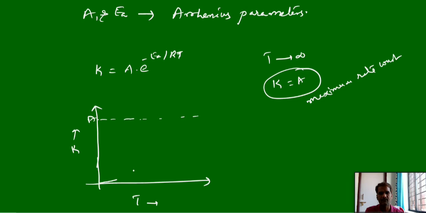You will get a graph like this, but it will reach the maximum A only, it will not go beyond A. So this is the kind of graph you can observe for rate constant versus temperature. And this is also very important.